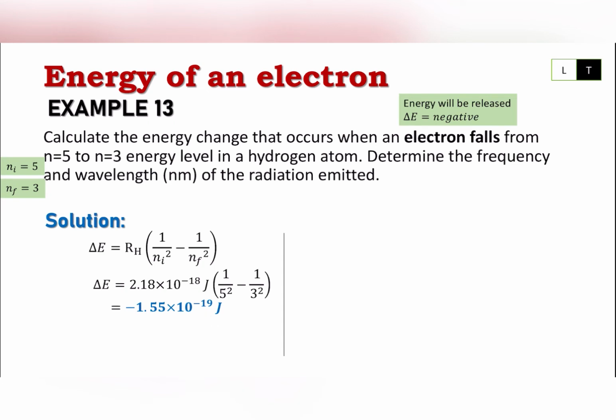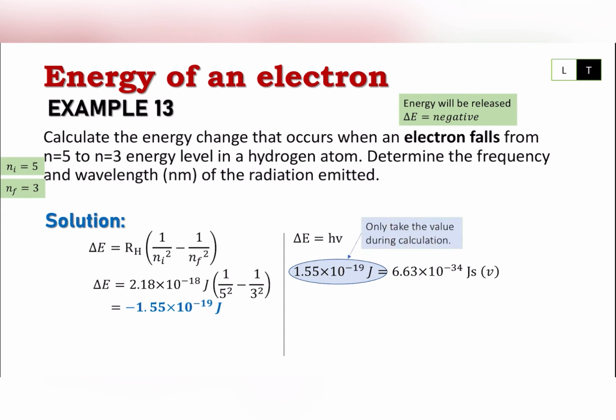Next, you got the energy change. It asks you to determine the frequency and wavelength as well. So I'm going to use another formula, delta E equals h v. Put in the value that you got for the energy, and in this part, please take the value only during the calculation. You don't have to bring the negative sign for the energy difference, because the negative sign just indicates the energy release.